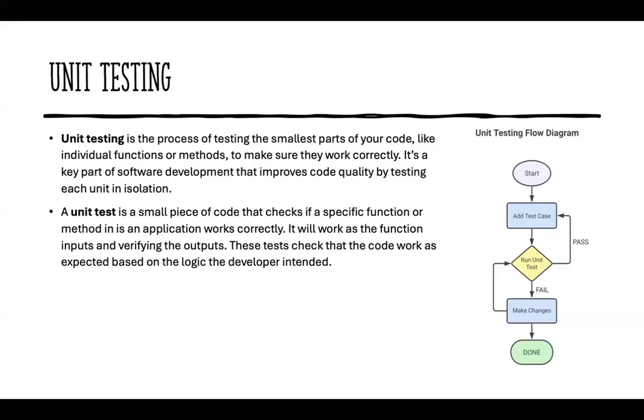It works by providing function inputs and verifying the outputs. These tests check that the code works as expected based on the logic the developer intended. So by splitting the entire project into these test cases and then running each individual unit test, we can iteratively run this process and test the whole software.